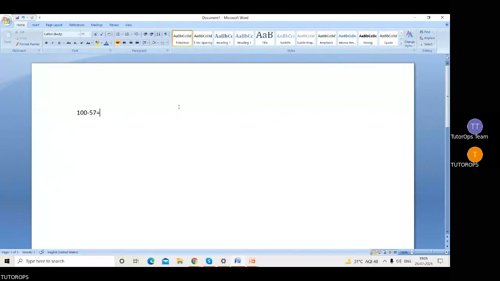So, there are 2 digits in 57. Okay. So, we need to subtract 5 from 9 and 7 from 10. Then what will be the result? The first digit will be 9 minus 5. I am writing it explicitly to understand it better.